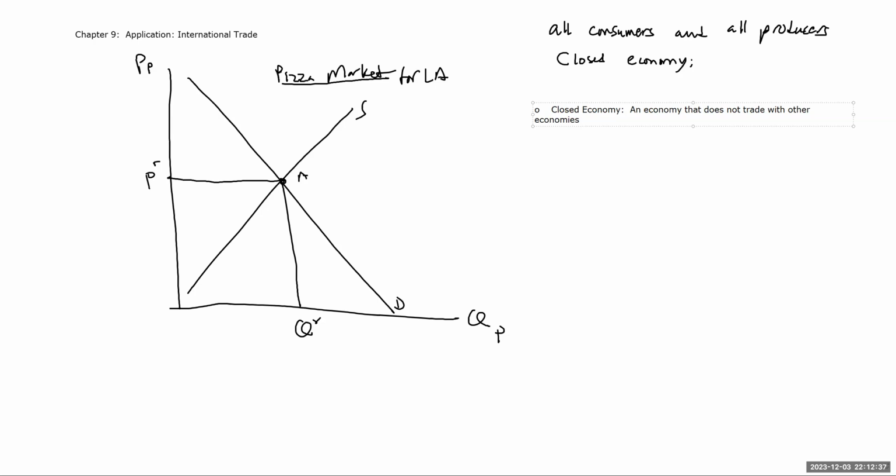All right, what we are going to do now is expand this to allow for international trade. And when we do this, we're going to make certain assumptions. Then I'm going to have to introduce to you certain definitions. So let me do that right now.